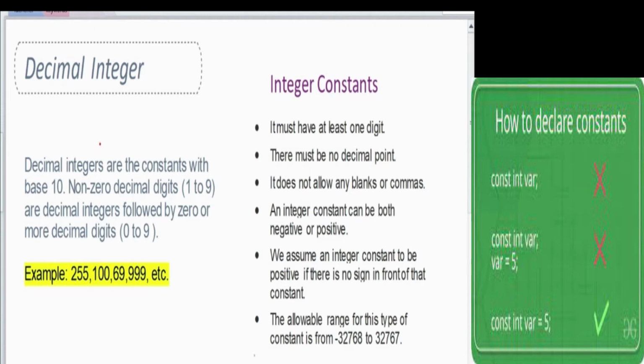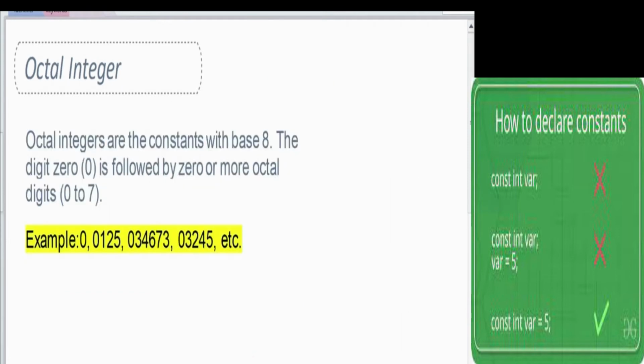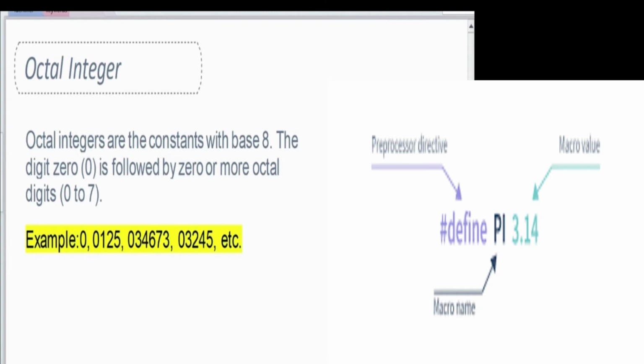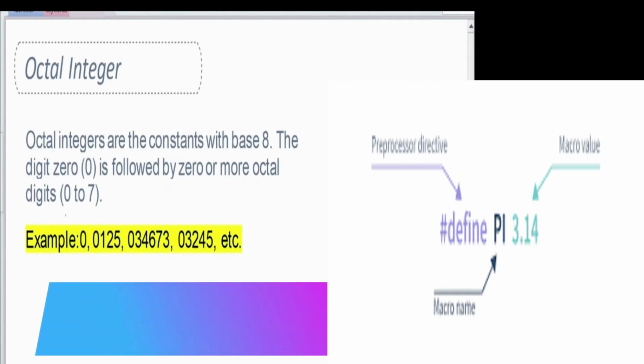And the allowable range of this type of constant is from minus 32,768 to positive 32,767. And the octal integers are the constants with base 8, and they are composed of the digits from 0 to 7.